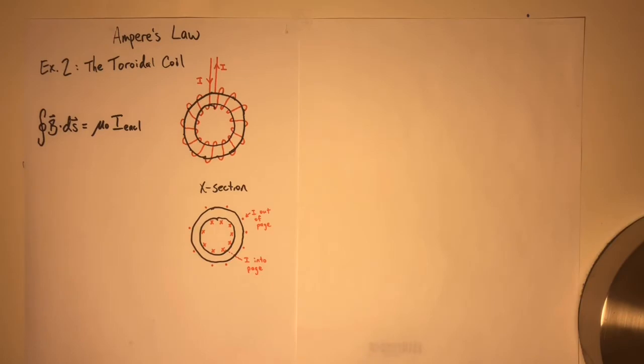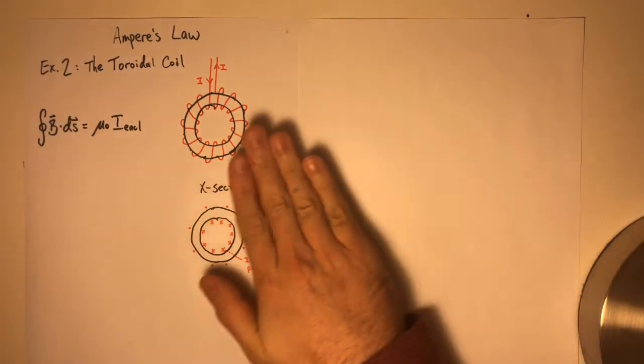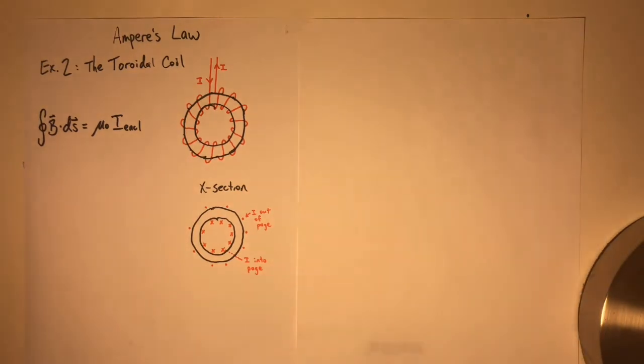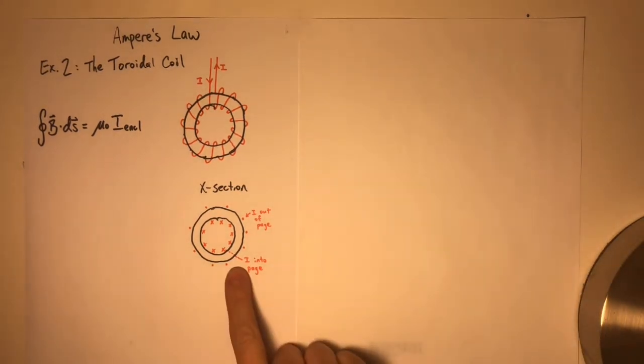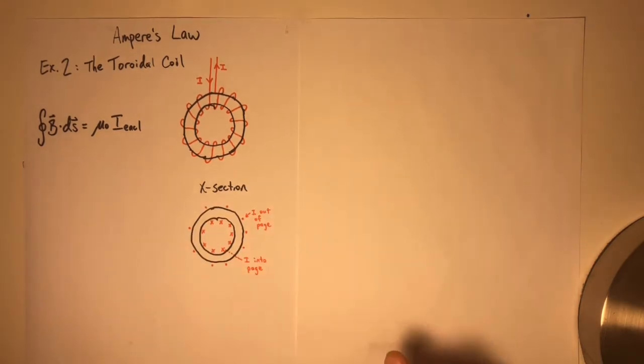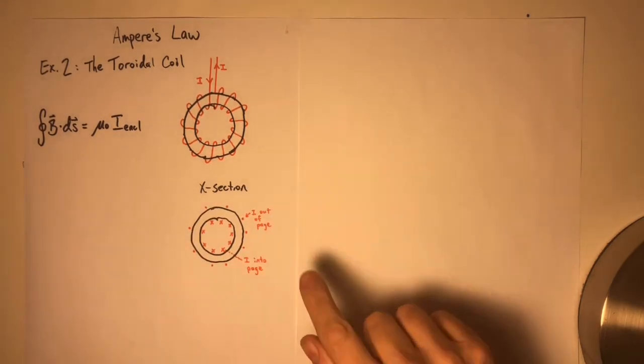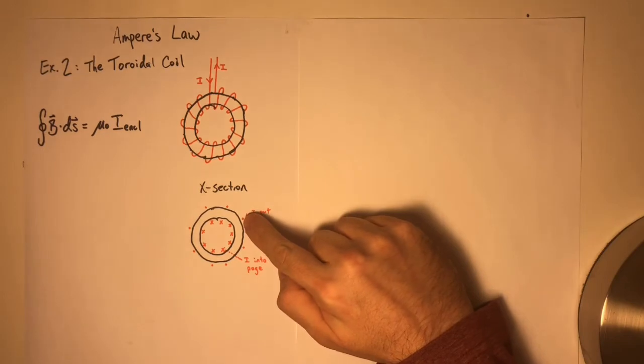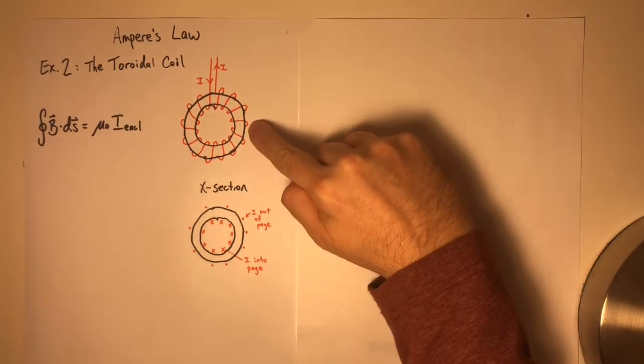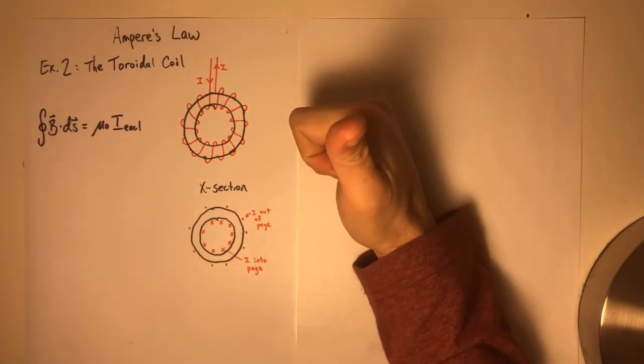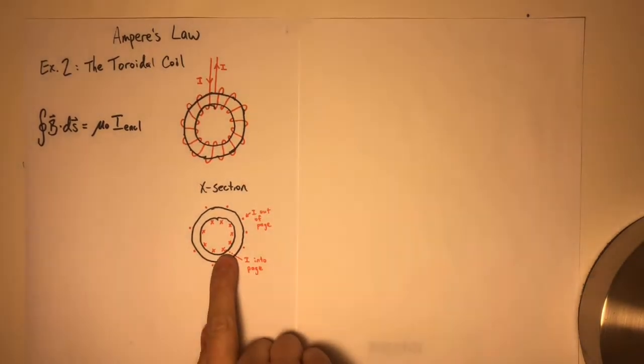What I invite you to imagine is that I've sliced the donut lengthwise along this direction so that we're only seeing the bottom half of it. Similarly, all of the wires have been cut. So what I'm hoping you can see by this is that the wires coming from the outside of the coil are carrying current out of the page, and the wires on the inner part of the toroid are carrying current into the page.